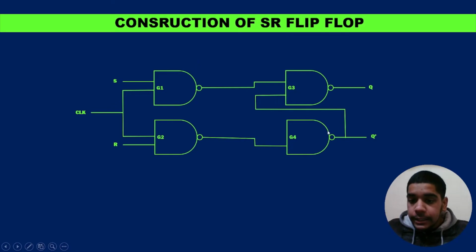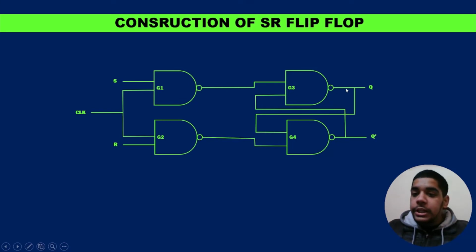I give the G4 output as an input to G3, meaning its output is giving input, meaning this flip-flop is giving its own feedback to G3. And in a similar way, the G3 output will give the feedback to G4, and with this we are done with the construction of the SR flip-flop. It is so very easy.